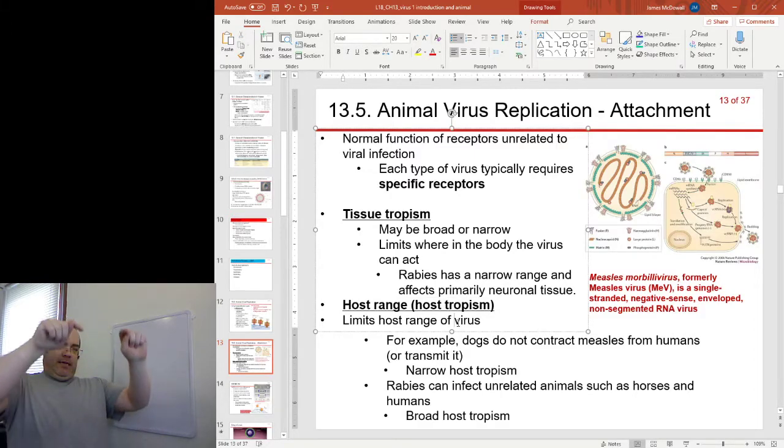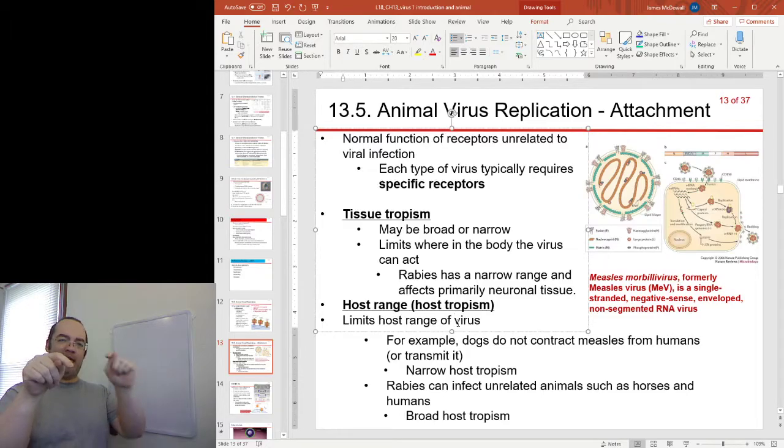Again, although more dissimilar, a human and a mouse have cell surfaces with a few similarities, and if the virus has a spike that attaches to one of those receptors that is the same between you and a mouse, then both a human and a mouse can get the disease.